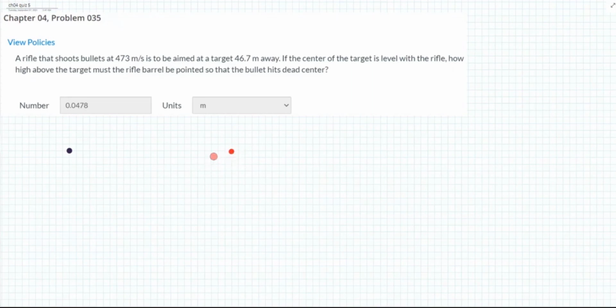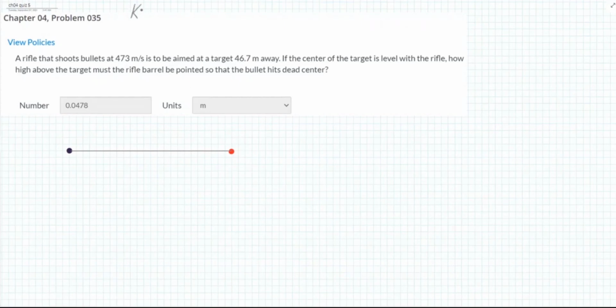Okay. So it says the center of the target is level with the rifle, so let's make sure the drawing's accurate. Here's where the projectile leaves the rifle, and at that same height you have the bullseye. The red dot is the bullseye. This rifle shoots bullets at 473 meters per second, aimed at a target 46.7 meters away.